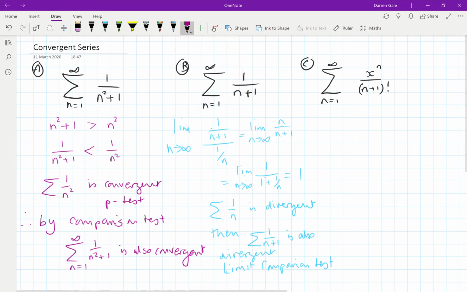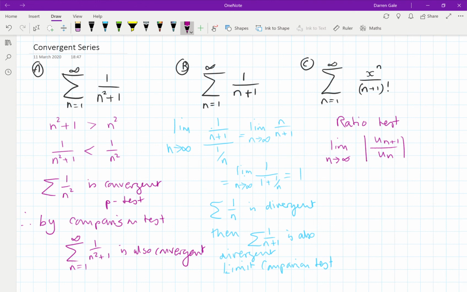Now, the last one is again different. Here we're going to look at something called the ratio test. In the ratio test, we take the limit as n goes to infinity of the absolute value of the ratio of the terms in the series.